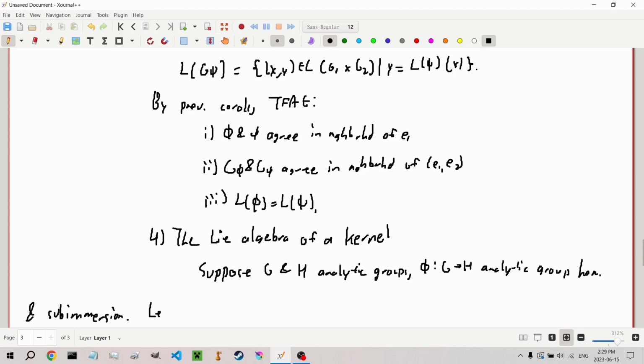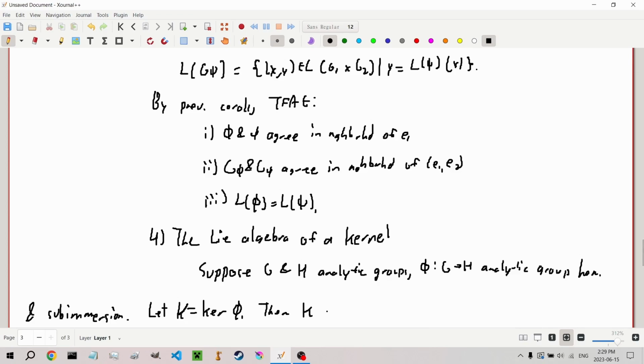We're going to let K be the kernel of this map. This should be a capital K to be less confusing, actually.